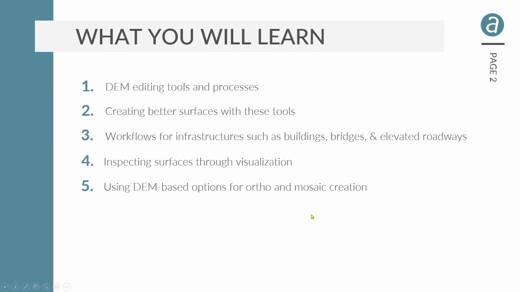So we went over again DEM editing tools and processes, creating better surfaces with these tools, workflows for infrastructure such as buildings, bridges, elevated roadways. We talked about eliminating anomalies in the surface. We talked about how we could bring in shapefiles to fix those, for example, to hold the water values, water elevation values.